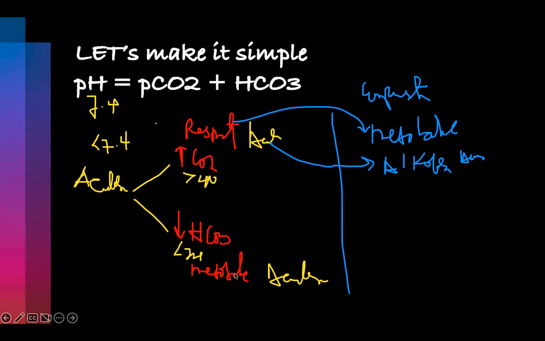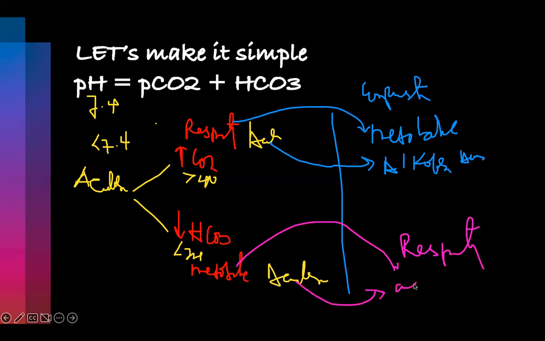The same thing. We have metabolic acidosis, right? Metabolic becomes what? The opposite of metabolic is what? Respiratory. The opposite of acidosis is what? Alkalosis. So we have respiratory alkalosis. So they will ask you, what will you do with this lab value you've got?